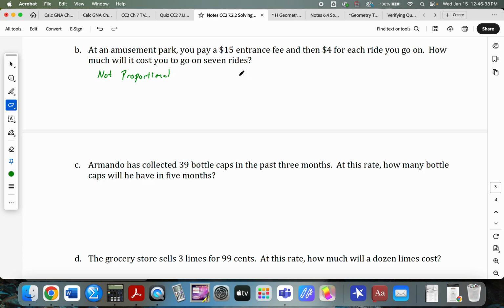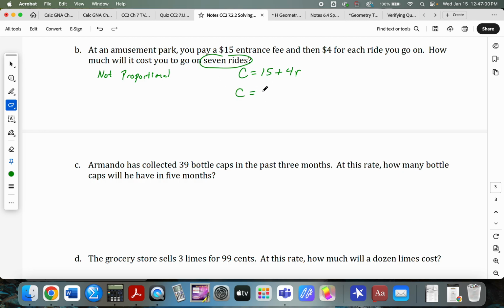The amount of money that you're going to pay, or the cost, you're going to pay the $15 no matter what, plus $4 for every ride. We want to know what it's going to cost you to go on 7 rides.